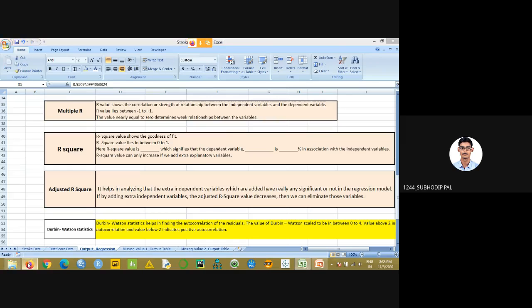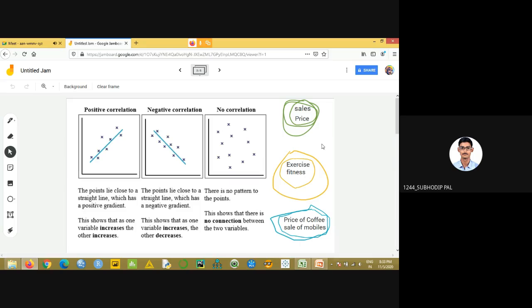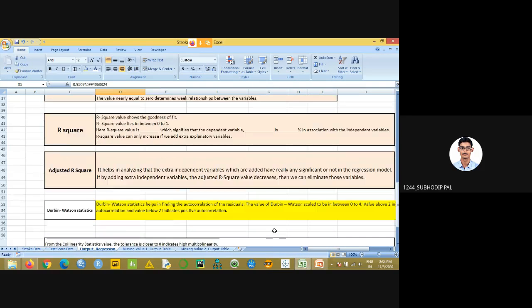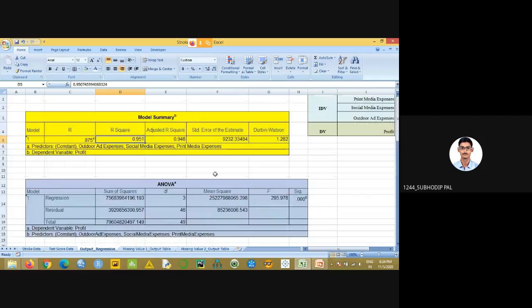Quality of product for sales. After adding that quality of product, if the adjusted R square value decreases, I can eliminate that variable. Now it's clear: R square, adjusted R square.